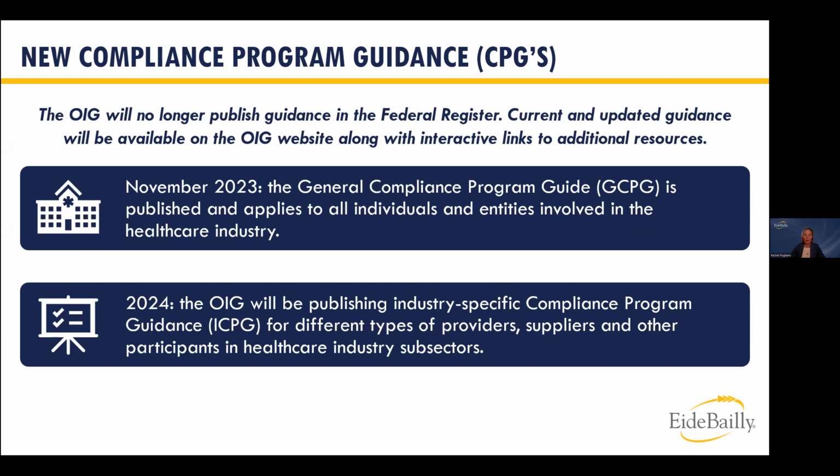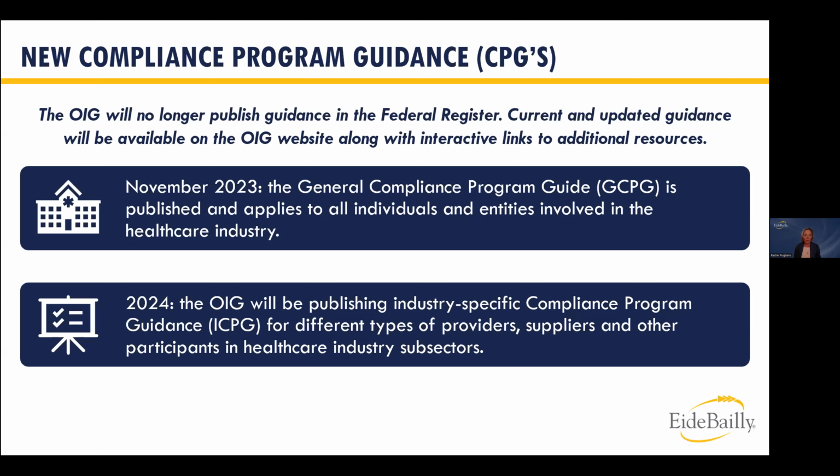So they went ahead and updated the guidance in a much better, more user-friendly document that actually provides links to additional resources that organizations can utilize in addition to what the program guidance is indicating. And they've got some tips that they insert throughout that guidance that one can take away and implement at their organization. So there's a lot of good information, again, much more user-friendly than it has been in the past.